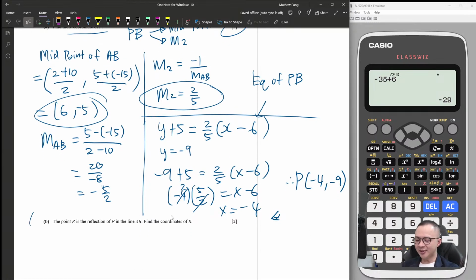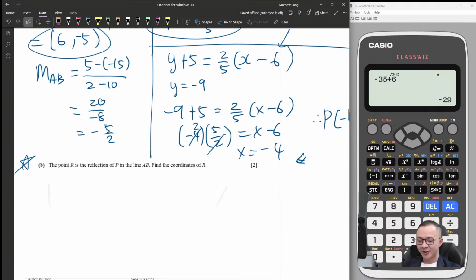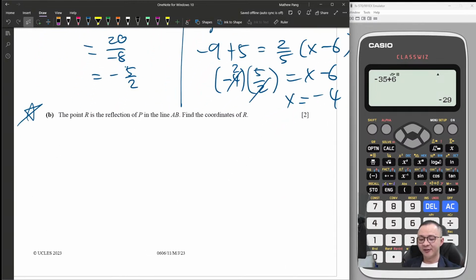This one is a little bit challenging if you have no idea what's going on here. So the R is a reflection of the point P in the line AB. And then they ask us to find the coordinate of R here. So over here, you just imagine it is my A and B here. Just now we have the equation of perpendicular bisector, right?